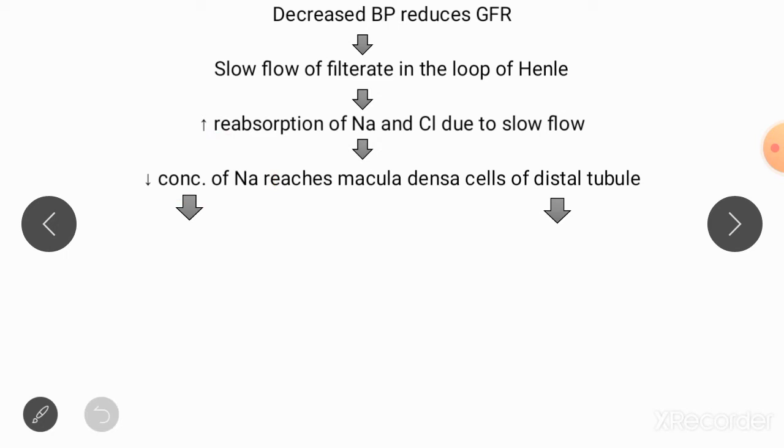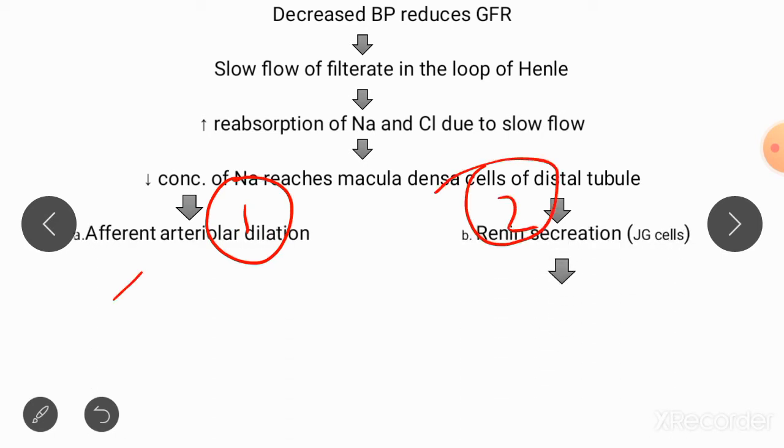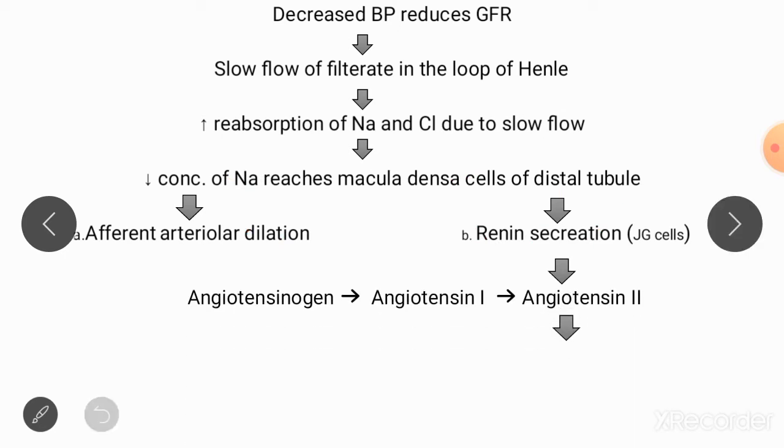There are two steps taken by the macula densa cell. First of all, they cause dilation of the afferent arteriole, and secondly they cause secretion of renin through the JG cells. This renin circulates within your blood where there is a special protein called angiotensinogen, which was formed by your liver like all other proteins.